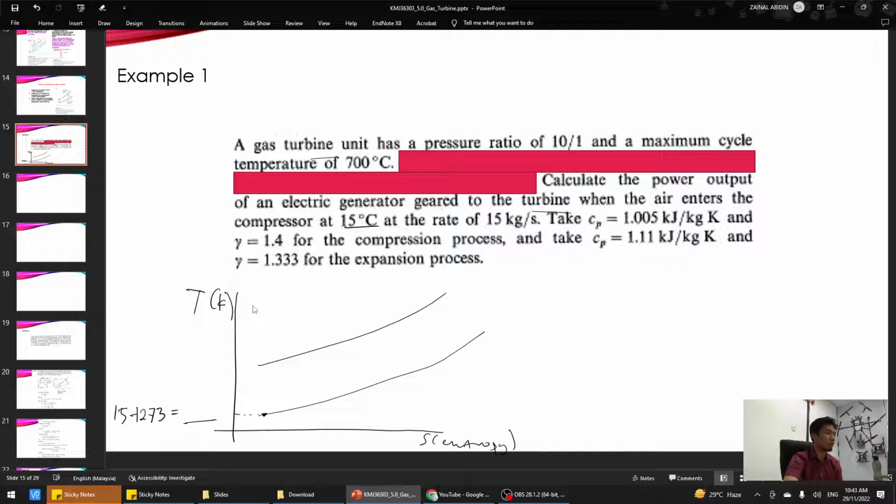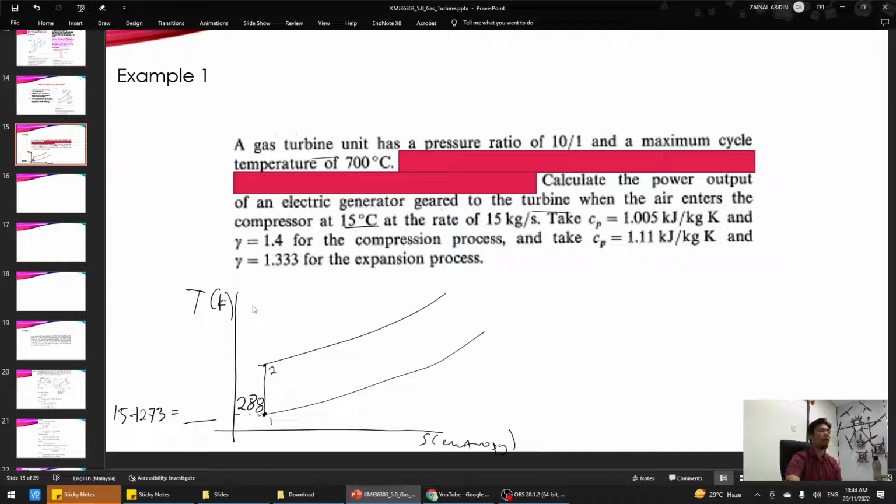So here is 288 K. Then it has an isentropic compression, so this is point number 2. What is the temperature here?